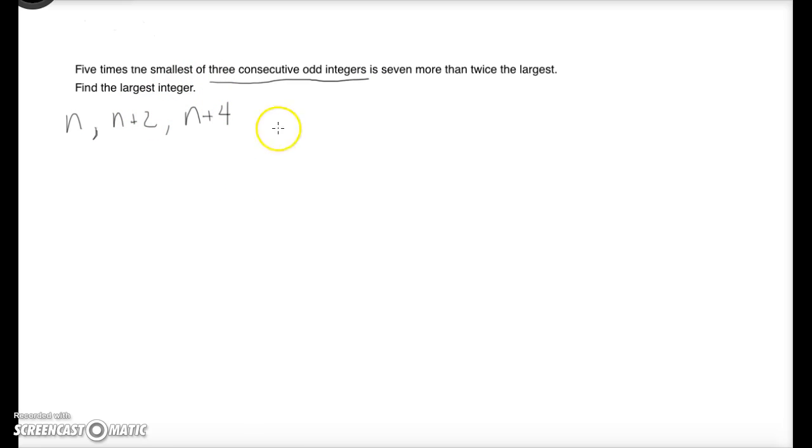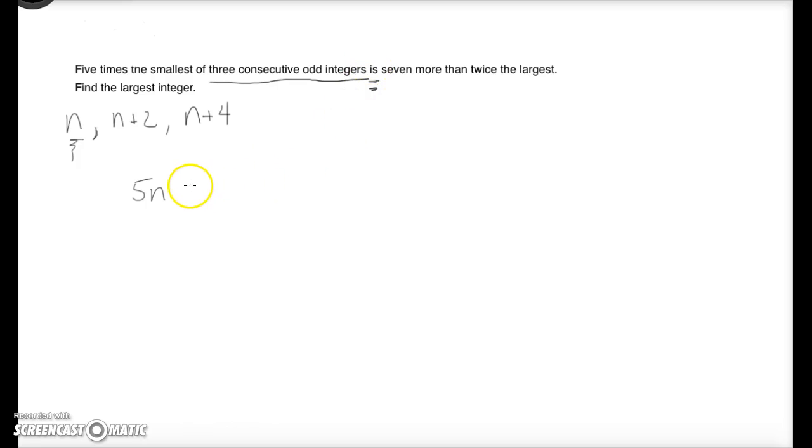So we know that 5 times the smallest, n is our smallest one, so 5 times n is, okay, that's our word that clues us in.